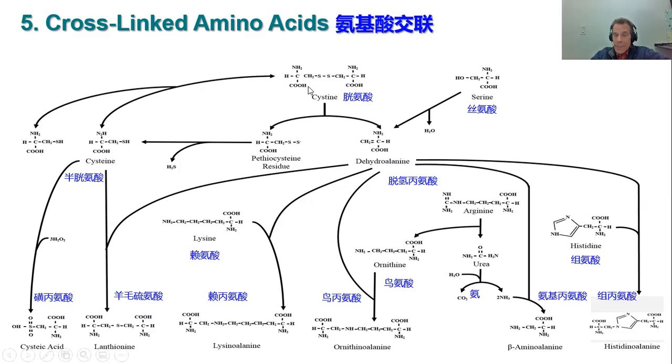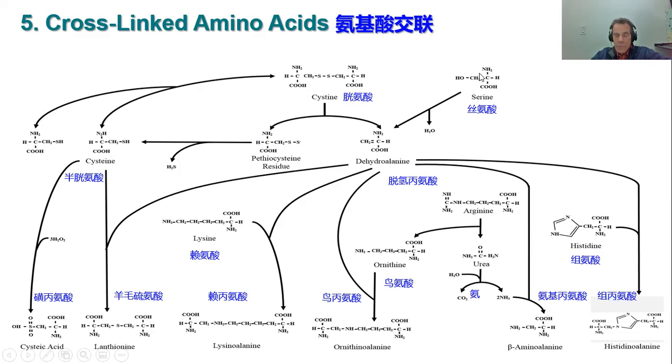Now, interestingly, within protein, other amino acids, or at least different metabolites of amino acids, can cross-link. Cysteine can, under high heat, under specific conditions, decompose into persulfide cysteine residue and dehydroalanine.